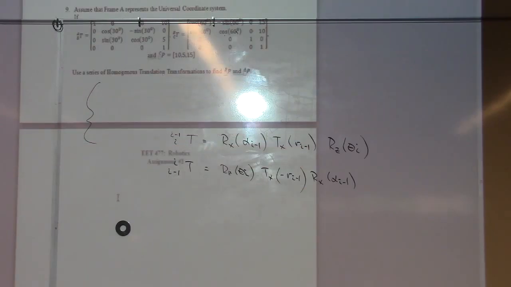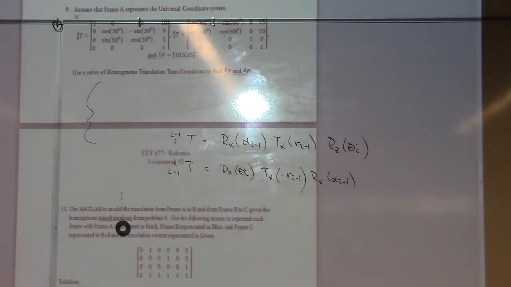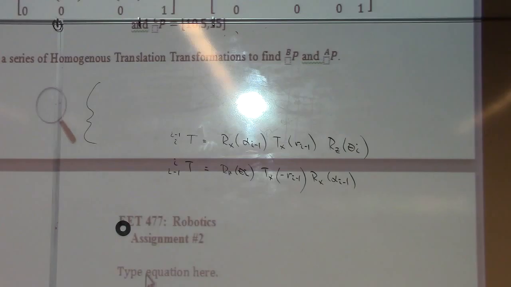Okay, so when we go through and do the multiplication, let's see if I can do this on the fly. What we end up with is the transformation from... I will need to zoom in again, won't I? Alrighty, so we can find the position of B first.